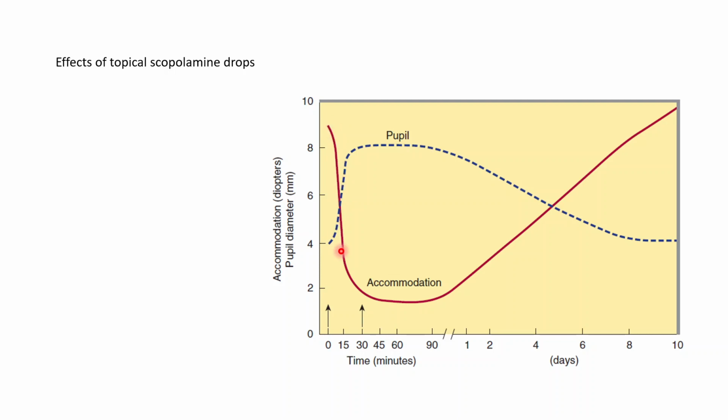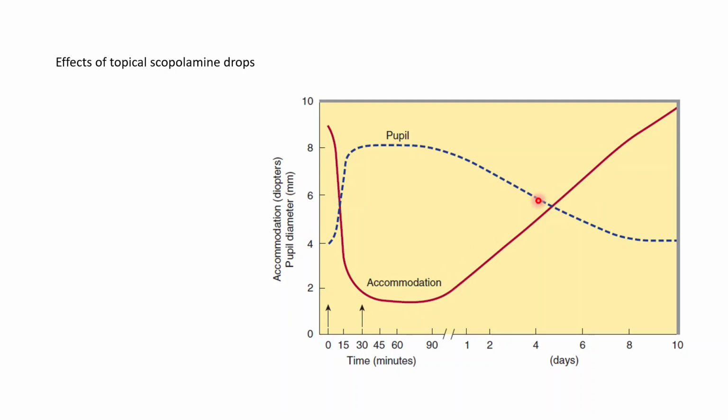So this red one is the loss of the accommodation, and the eye cannot focus for near vision. That is why most beautiful women during the Renaissance were blind. So they were beautiful but blind for about 10 days. So for about 1 week at least.